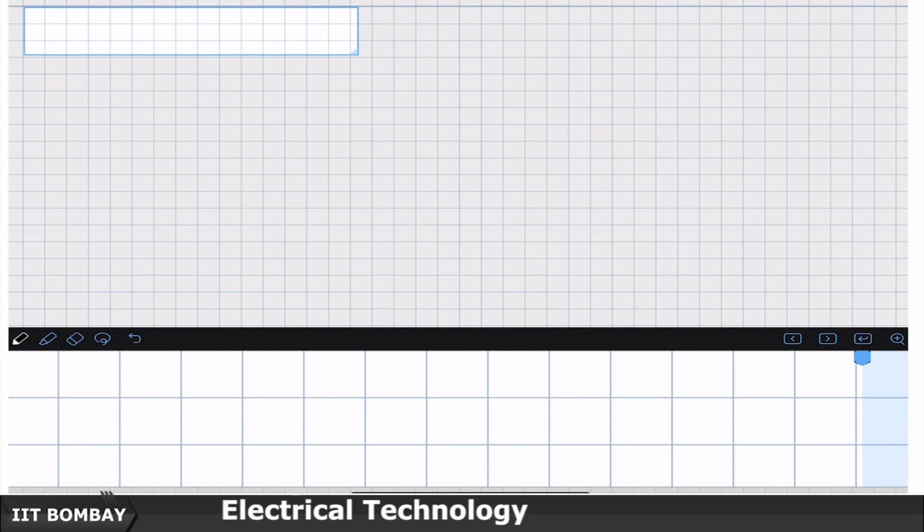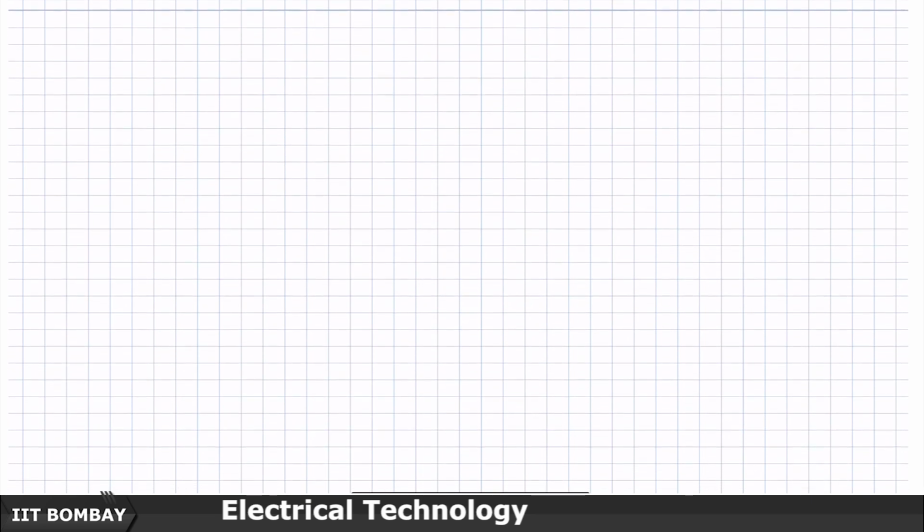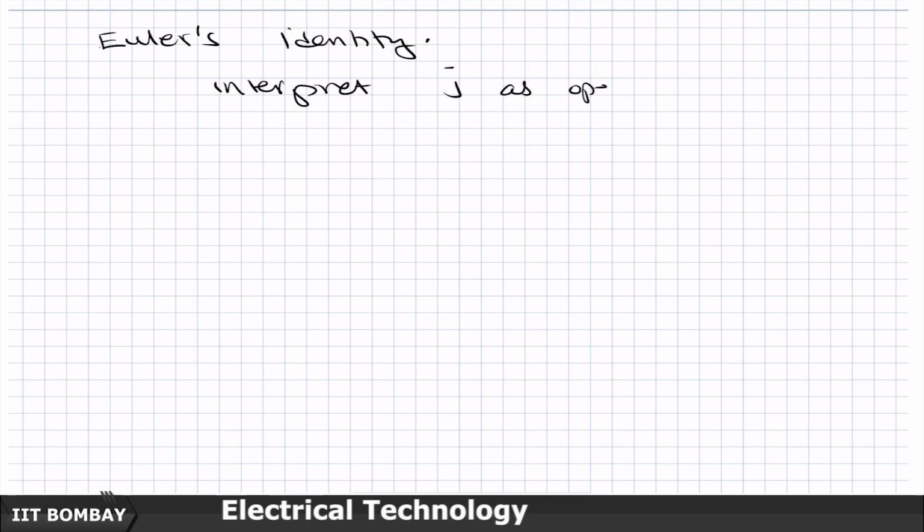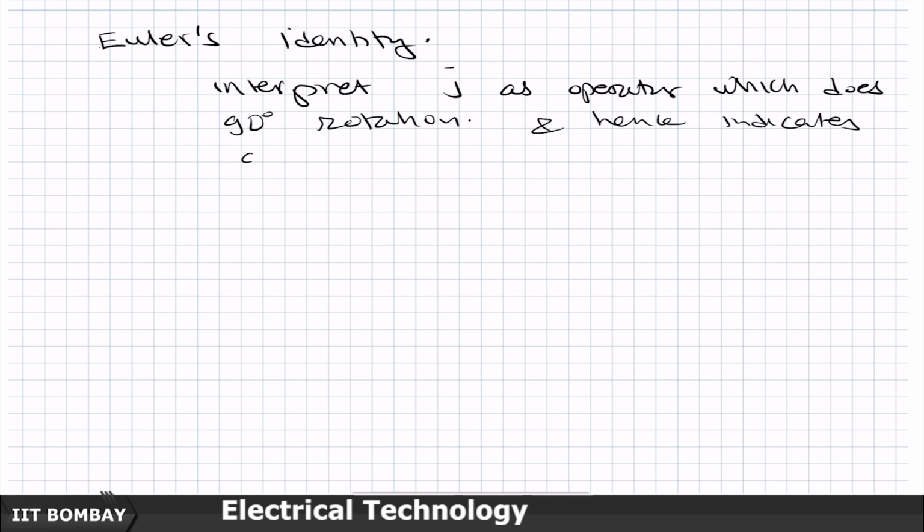Okay. Now, I need to give you some more idea. I want to bring you back to the Euler's identity and interpret j as an operator which does a 90 degrees rotation and hence indicates a unit vector along the y axis.